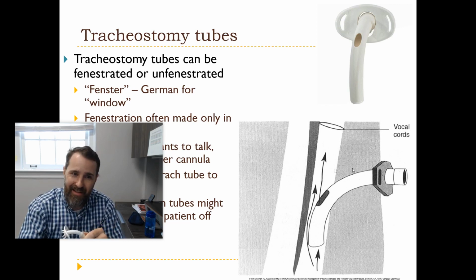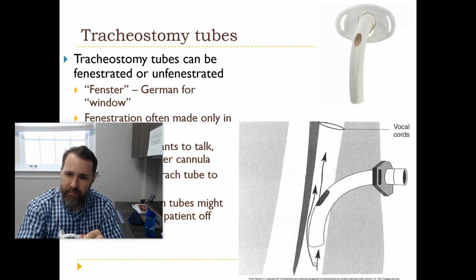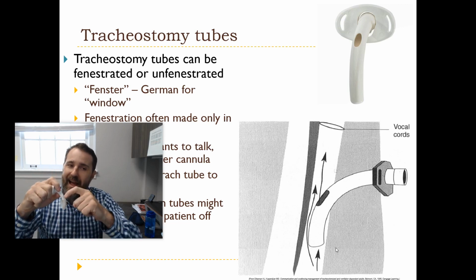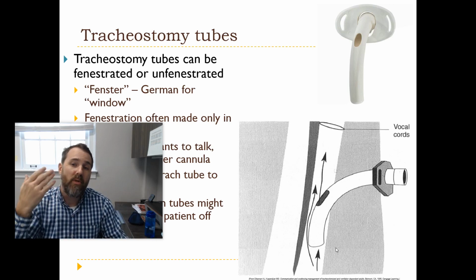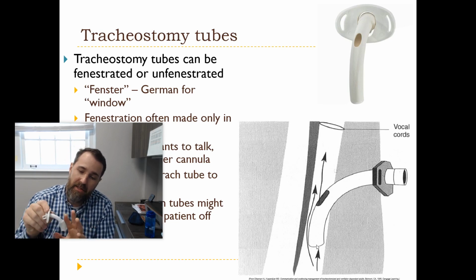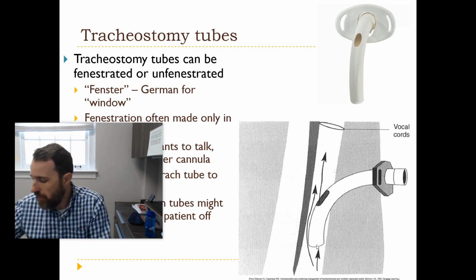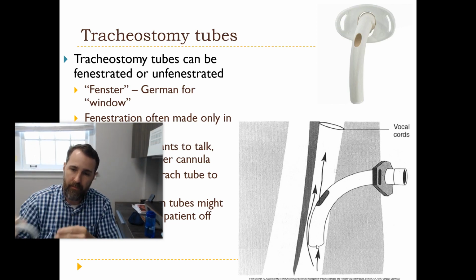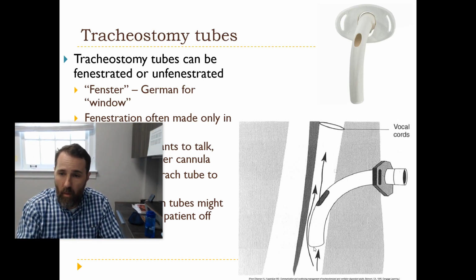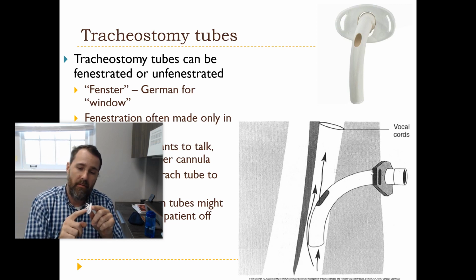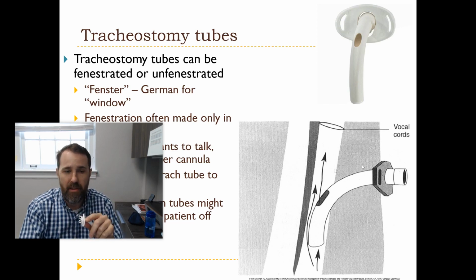So if this patient in this image goes to exhale, you can see that air can pass through the bottom of the trach and then out through the fenestration up between the vocal folds. The expiratory air might pass around the outer cannula entirely, as in here, or it might pass out of the tracheostomy tube.